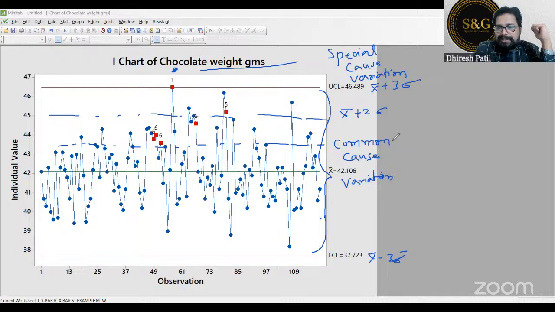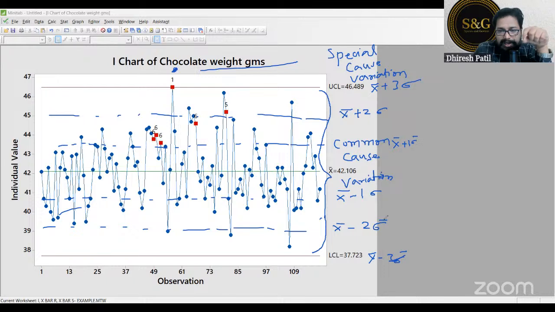This line is x bar plus 1 sigma. I'm just drawing some imaginary lines here. So this line is x bar minus 1 sigma. This second line is x bar minus 2 sigma.